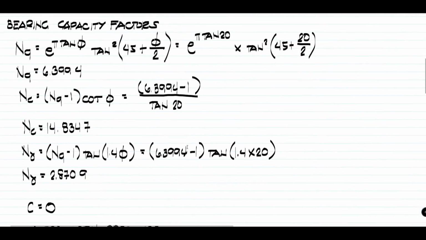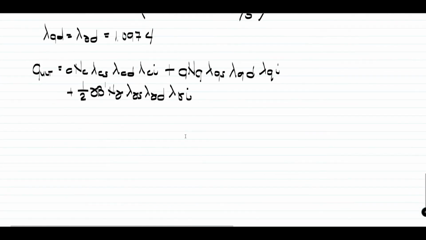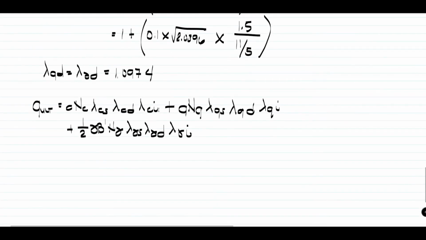So, substituting the values, kung mapapansin natin, minumultiply lang yung cohesion. Kaya, hindi ko na kinuha yung shape factor for cohesion and the depth factor for cohesion. Kasi itong term na to will just be 0. Kasi nga, yung cohesion niya, 0.